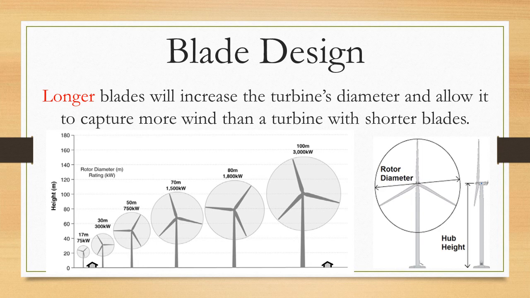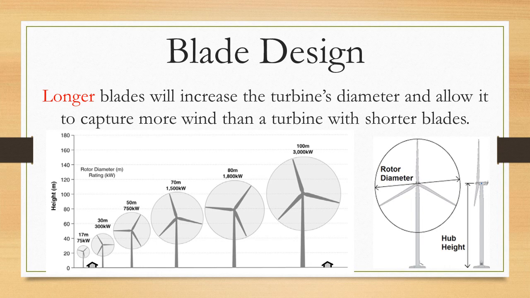So again, the bigger the diameter of the blades, the easier it will be to capture wind and turn that into electricity. So you see the example on the right, you've got small blades which continually get bigger and bigger and bigger.